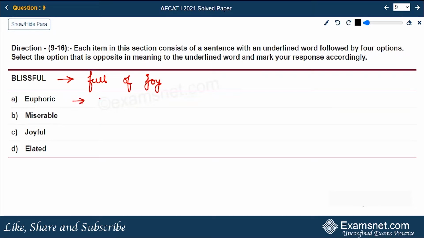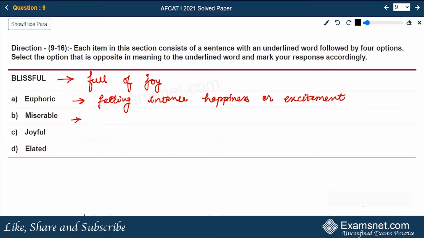Euphoric means feeling intense happiness or excitement. Miserable, you know what is miserable?